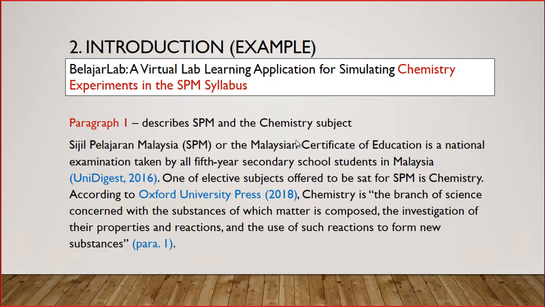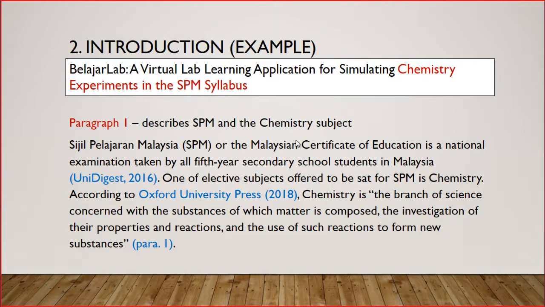Now you see that the first line covers what SPM is. The second line covers that in SPM there is a subject. The subject is chemistry. Now we can see that this highlights that the subject chemistry exists.